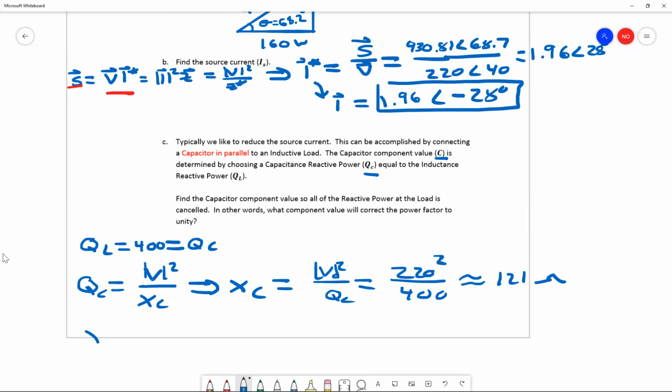Next, we'll take XC and rearrange it to solve for the capacitance. So capacitance equals 1 over omega times XC.